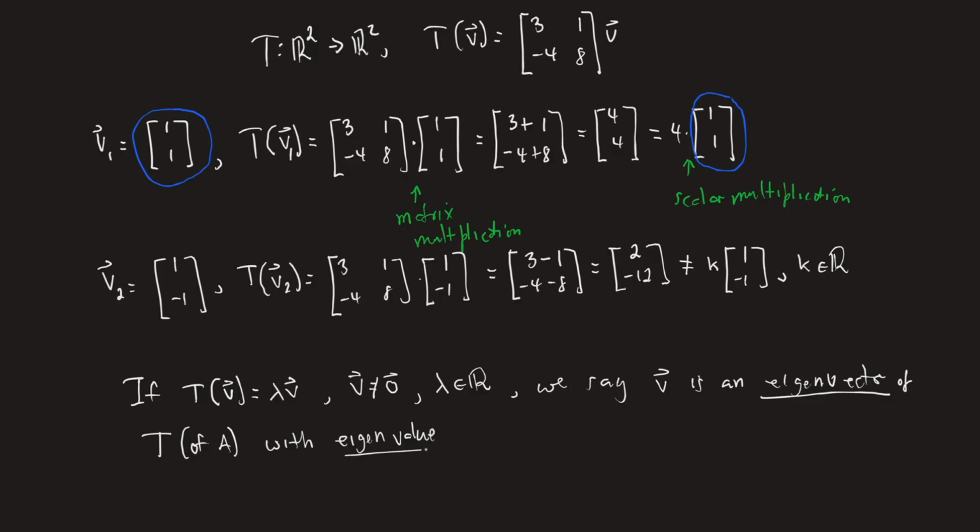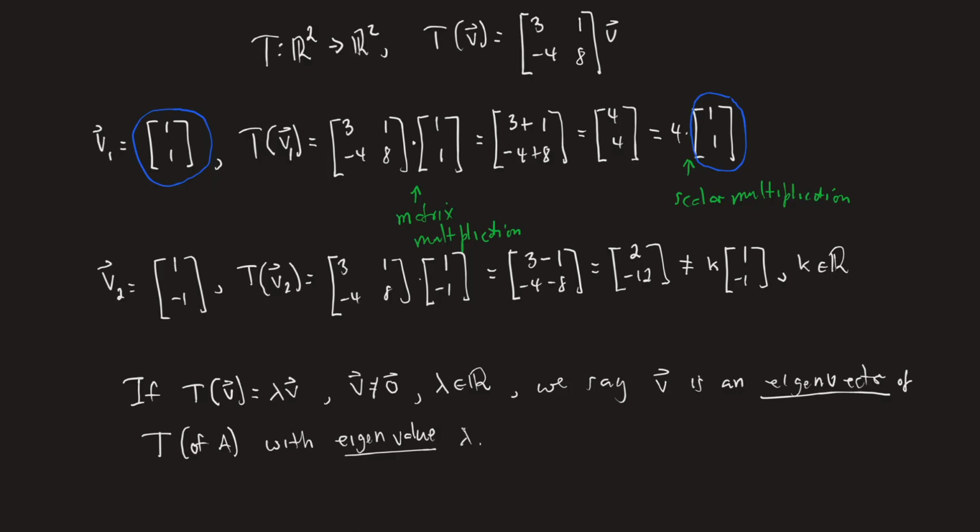So the vector is referring to the special vector that will get scaled whenever we apply this operator to it. And the scalar that does the scaling is called the eigenvalue. And they kind of go hand in hand, right?